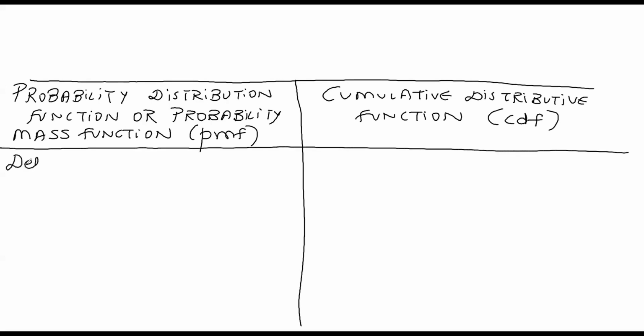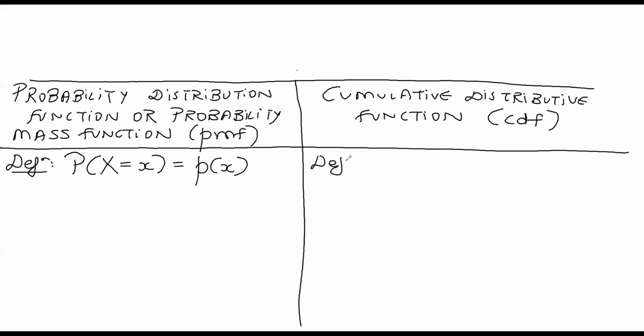So definition of this is probability that capital X, which is the random variable, takes the value exactly equal to small x is nothing but P of x. So P of small x is nothing but probability of X taking the value exactly equal to small x. But what is my cumulative distribution function?